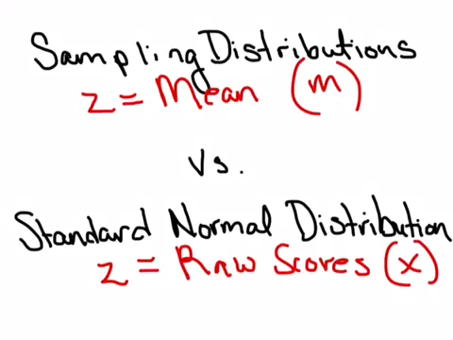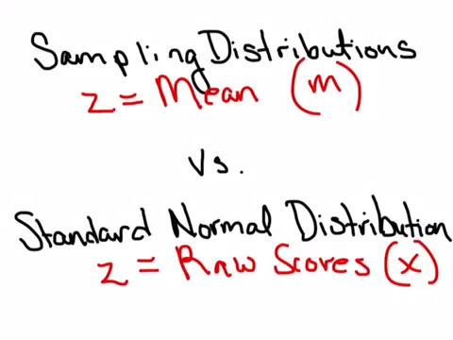So then we can use this to calculate our statistics and to compare our sample to the expected population. This is truly our theoretical distribution that we're comparing our sample raw scores to.